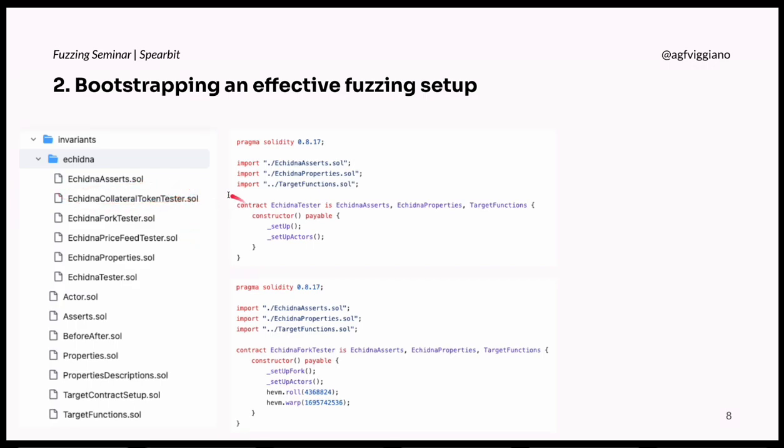We also have one for ERC20 properties for the collateral token tester. So we create a different tester depending on the use case. But this one here is the one that has all target functions that interact with the eBTC system.